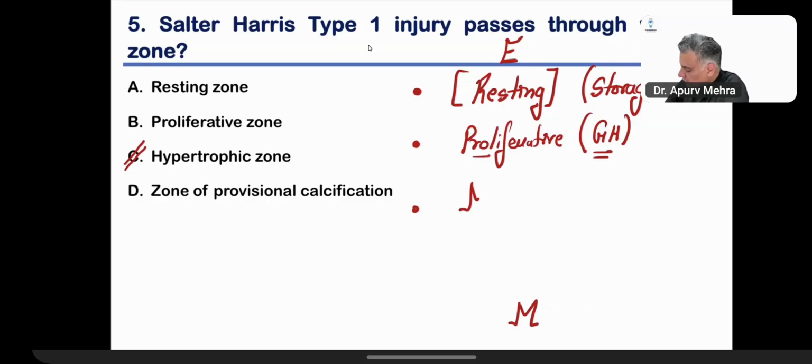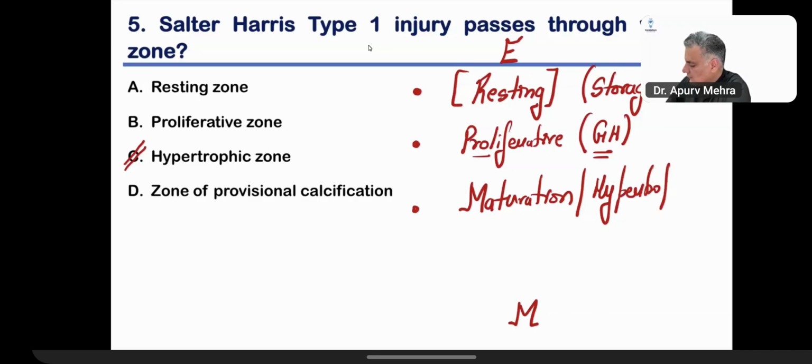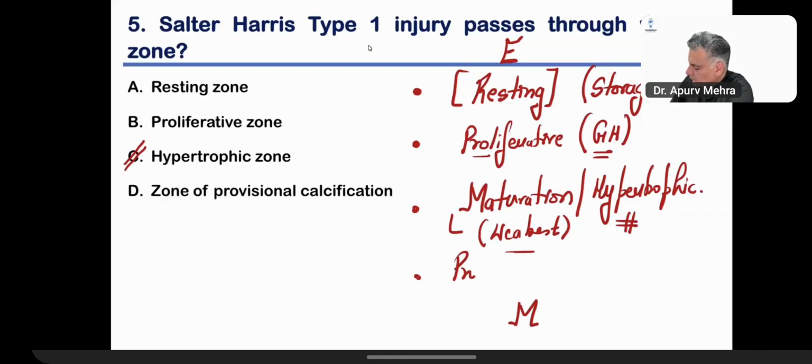Then you have the zone of maturation or hypertrophic zone. This is the weakest zone, these two zones. All the fractures occur through here. Zone of provisional calcification is affected in mineralization disorders like rickets.